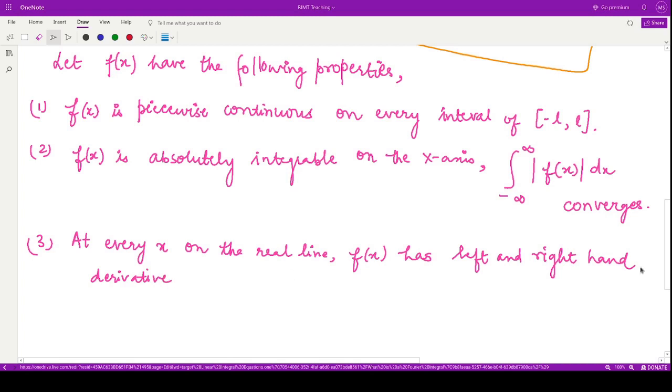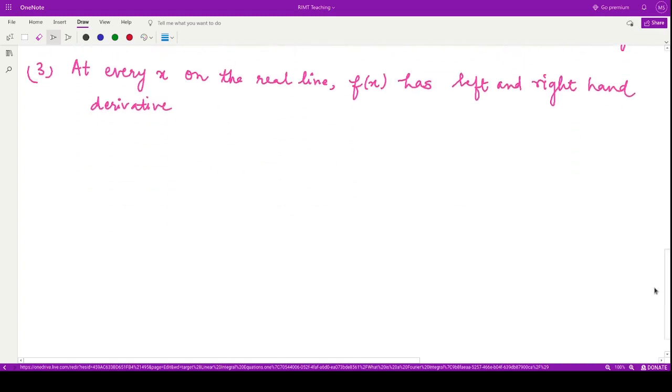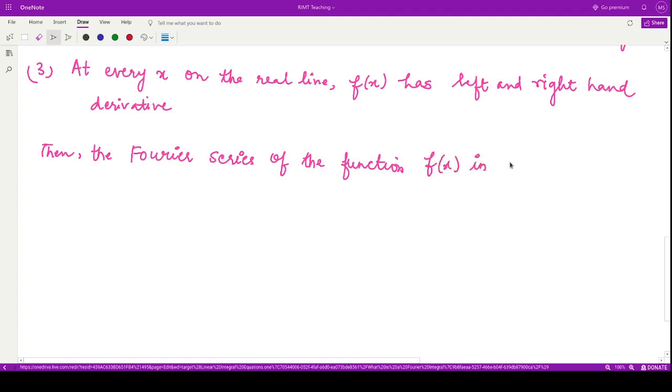If that is so, we can define the Fourier series of the function f of x in the interval minus L to L.